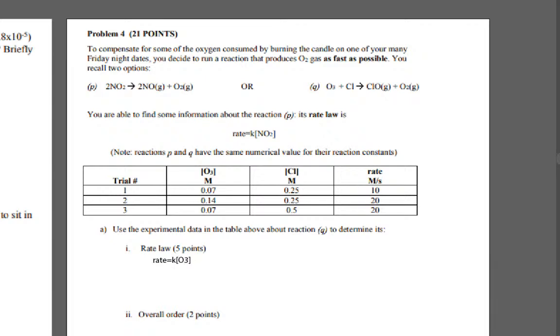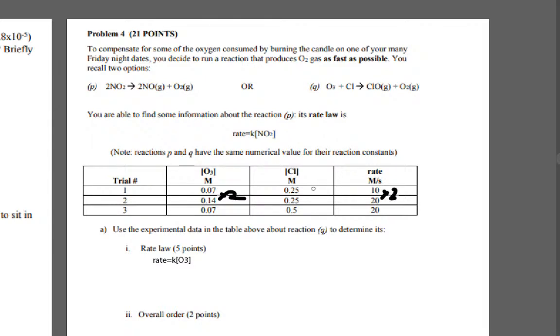Then you find at what power that is, and it is in fact the power of 1, because this one is multiplied by 2, and the rate is also multiplied by 2. There we go. That's simple.